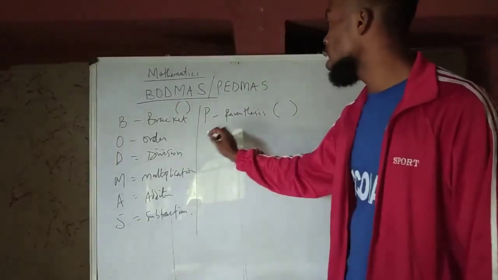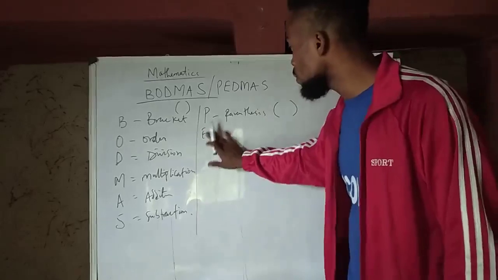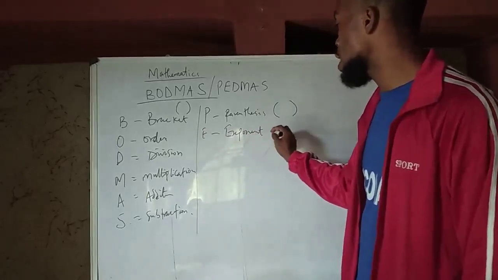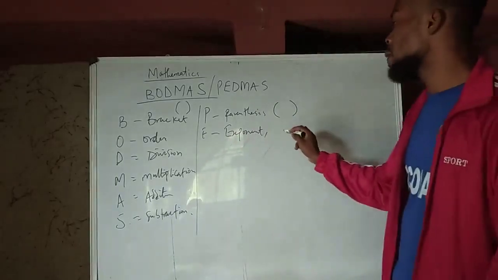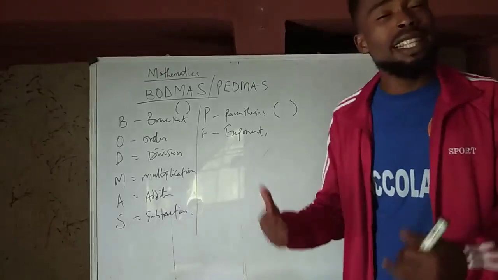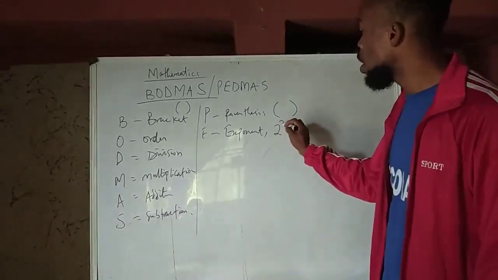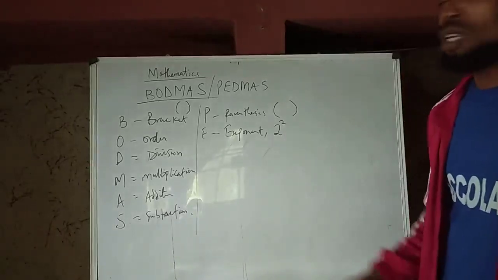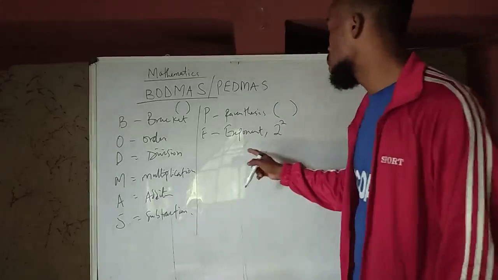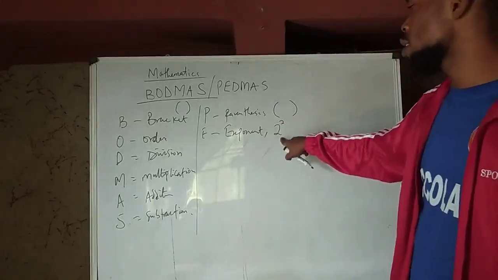And then for order, E here is talking about exponents. E is for exponent. Now, what do we mean by exponent? Exponent is whenever a number is written in an index form, like this. Let's say 2 raised to the power of 2. Okay, 2 raised to the power of 2 is an exponent, because this 2 is an index, while this is the base.